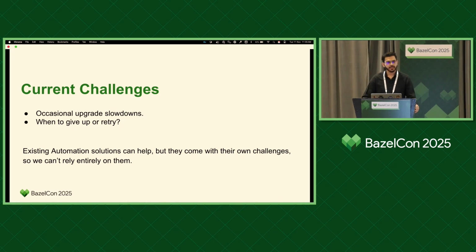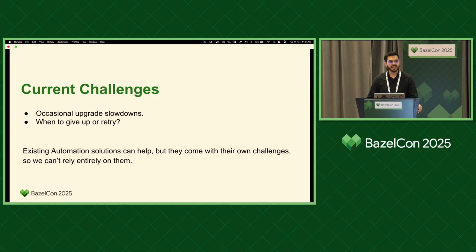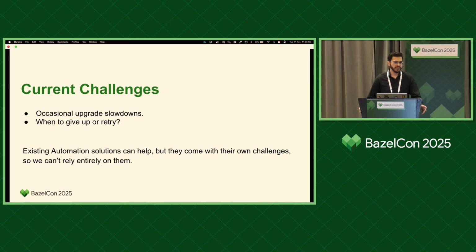There are some existing solutions which can help, but they have their own challenges, and we can't entirely rely on them. We have used some of these existing solutions before, but they don't really work well with Bazel. They are pretty good for repositories with a small number of dependencies, but our monorepos are pretty big. Just talking about the Java monorepo we have, it has over 1,700 dependencies in it.